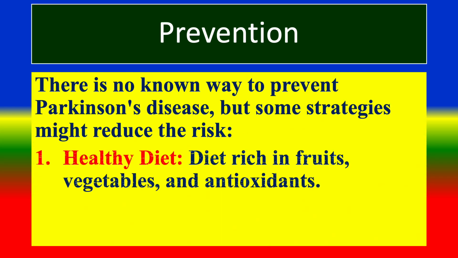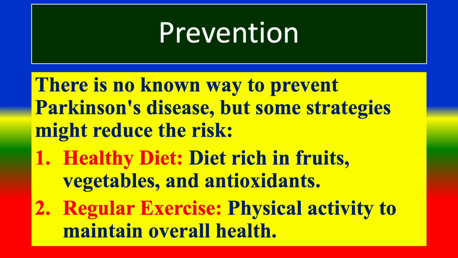Prevention. There is no known way to prevent Parkinson's disease, but some strategies might reduce the risk. 1. Healthy diet, rich in fruits, vegetables and antioxidants. 2.